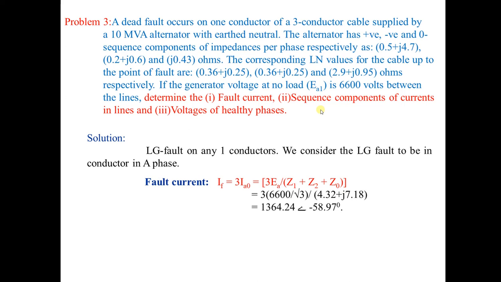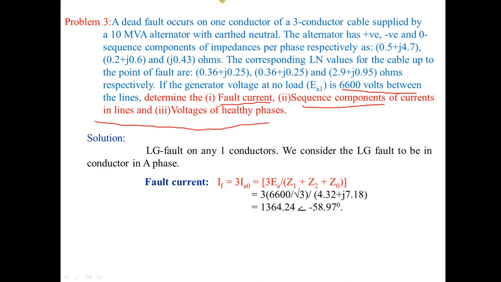And here the line to neutral values for the cable up to the point of fault are 0.36 plus J 0.25, 0.36 plus J 0.25 and 2.9 plus J 0.95 ohms. If the generated voltage at no load, means EA, okay, is 6600 volts between the lines, determine the fault current, sequence components of the current, line and voltage of the healthy phases, okay.